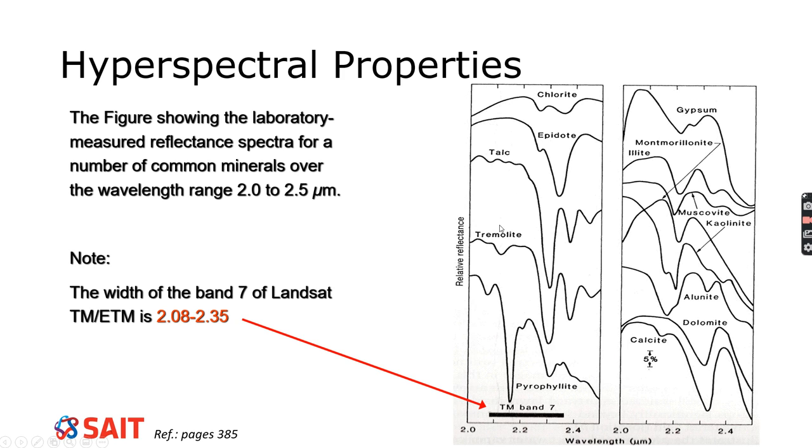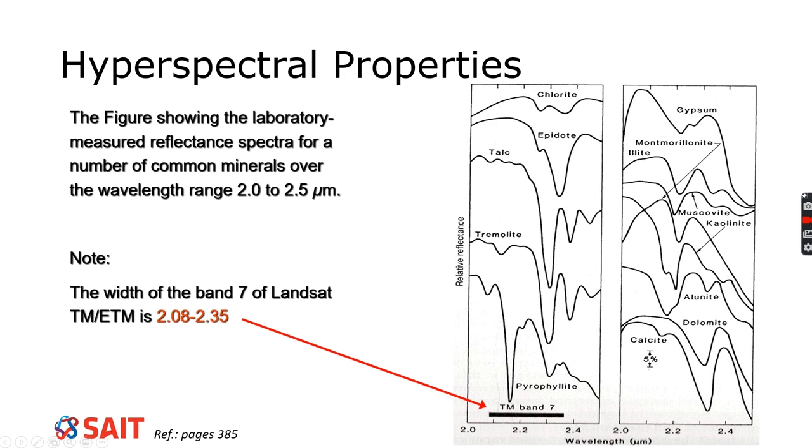All we could see between these is perhaps one value, like this one's higher than this one, and this one is maybe higher than this one, and because of these dips it might be really confusing. This one and this one might end up looking the same. You can see another example here with calcite and dolomite, where the difference is so minor that it's really hard to tell the two apart with a Landsat band.